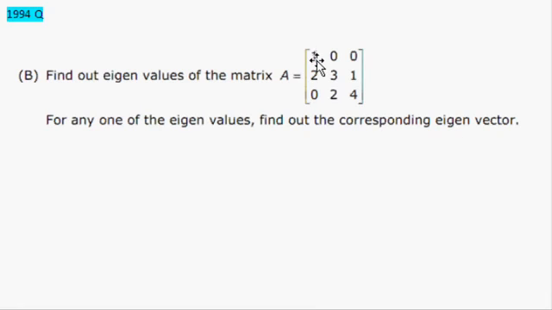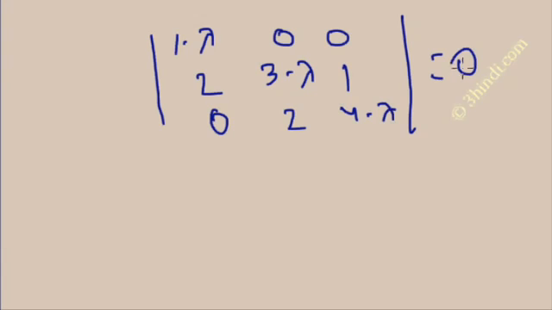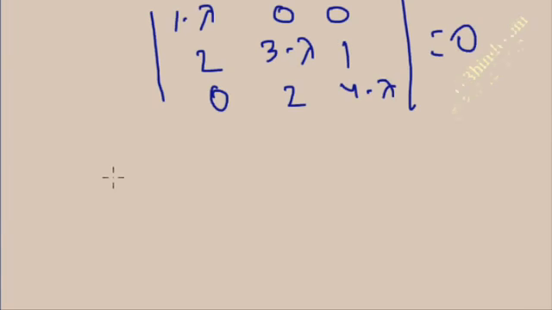To find the eigenvalues, I subtract lambda from the diagonal, and the determinant of A minus lambda I equals 0. This is the characteristic equation. You have to solve it to find the values of lambda, the eigenvalues.